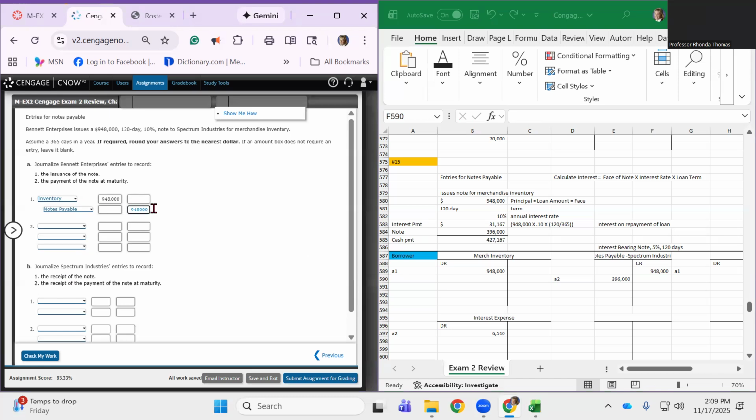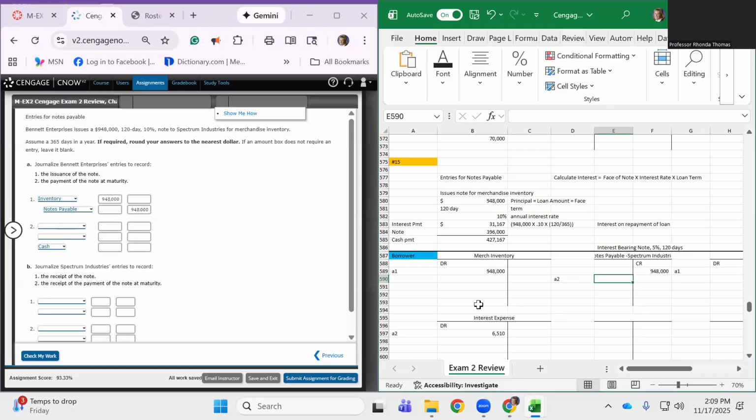So now he's going to pay it. I calculated 31,167: 948,000 times 10% times 120 divided by 365. So down goes cash for paying it off.